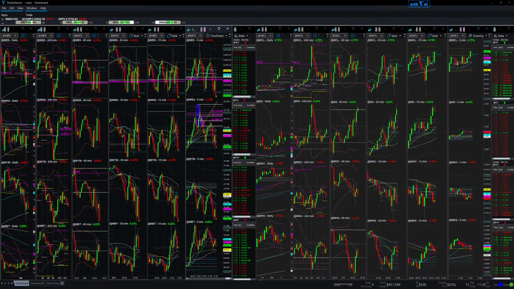We want price to come to the level that we want. How do you set yourself up for success? By having a workflow that keeps you safe and taking good quality setup trades. So I want to see your workflow, is what I'm saying.